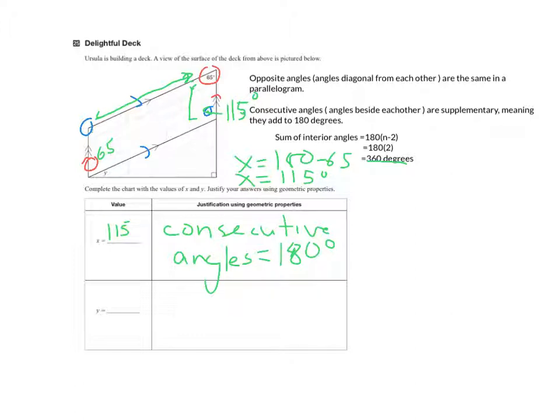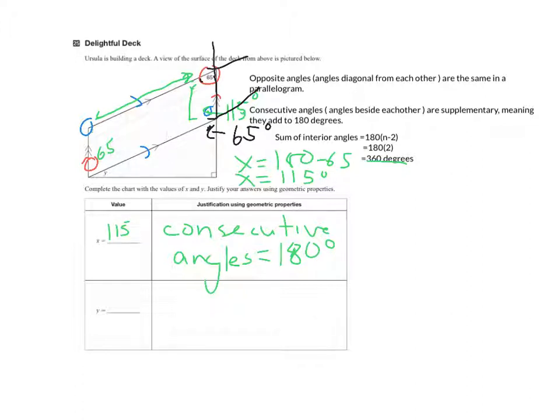I can subtract the 115 from 180 because I know this is a straight line, or I can remember that if I have two parallel lines and one line intersects them, that these angles here will be the same. Just like that. So I know that this is 65 degrees.